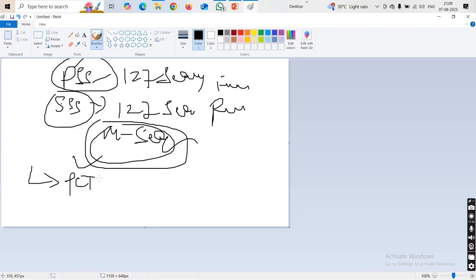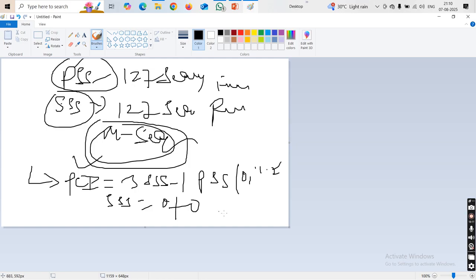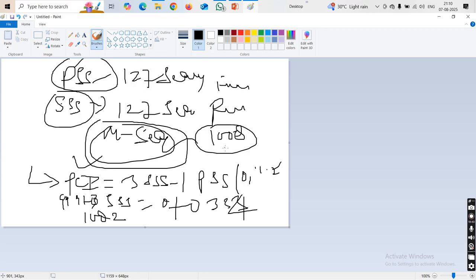The formula defined is PCI equals 3 times SSS plus PSS, where PSS has value 0, 1 and 2, and SSS can have values from 0 up to 335. So the maximum number of PCIs is 1008 in the case of NR, while in LTE it was 504.